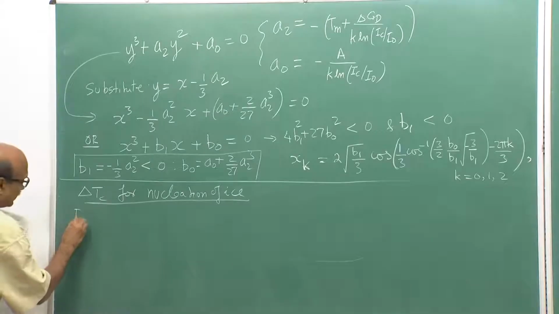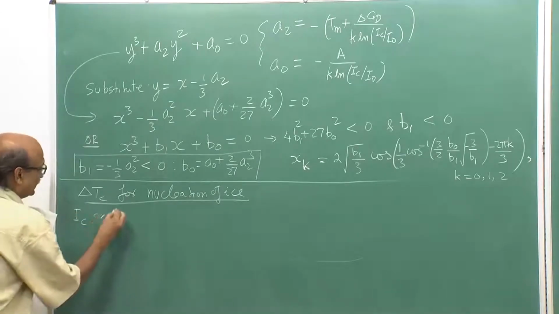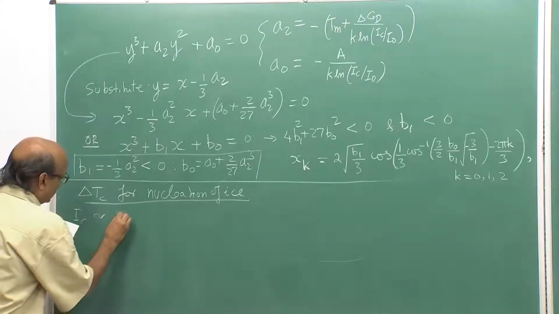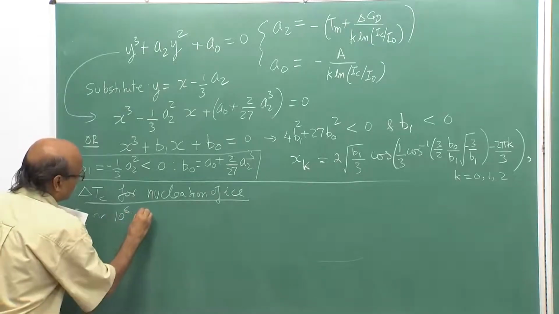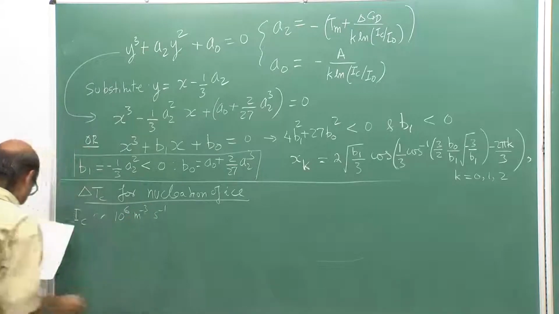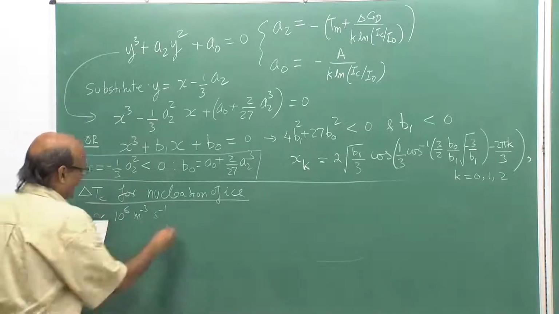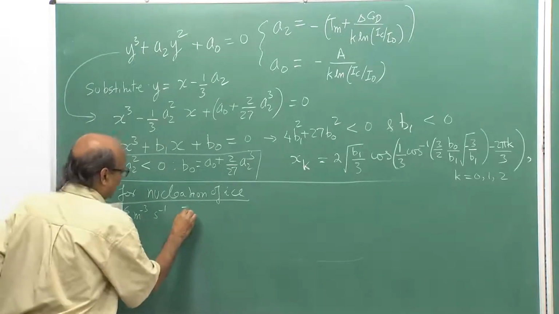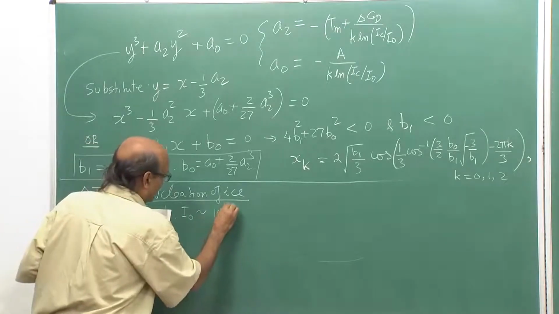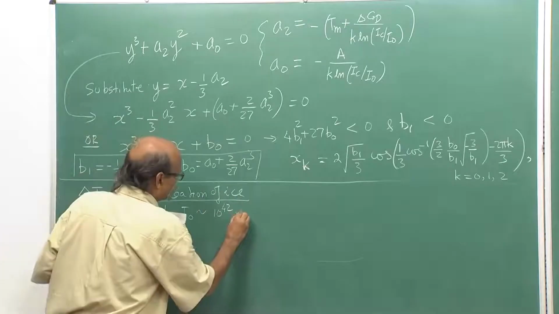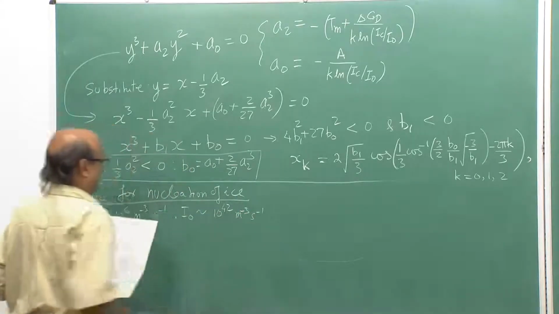So, I can take the critical nucleation rate Ic to be 10 to power plus 6 per meter cube per second. From the last lecture, I naught we had estimated to be 10 to power 42 per meter cube per second.